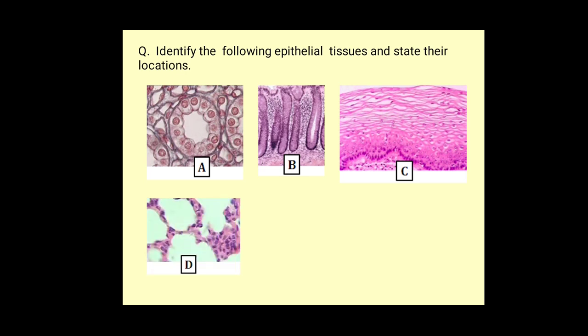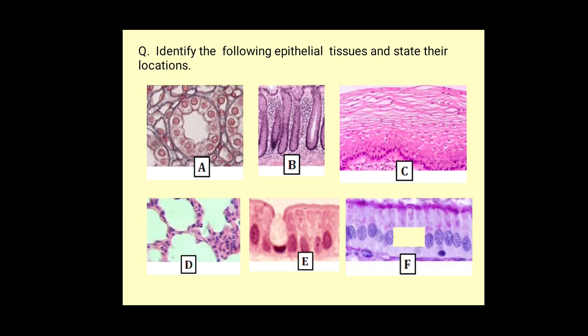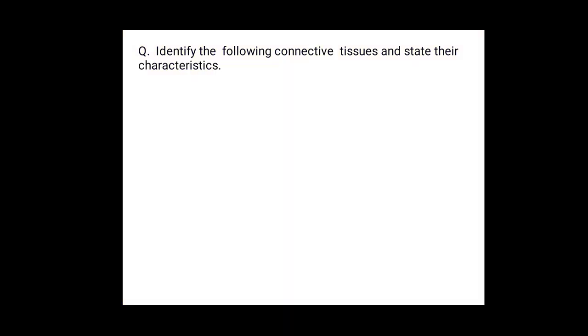Then these are simple squamous epithelium lining the lung alveoli and the blood capillary. Finally, this is the unicellular gland and it is showing some secretions. And on the last picture, it is simple columnar and it has also got cilia, so it may be present in the trachea.